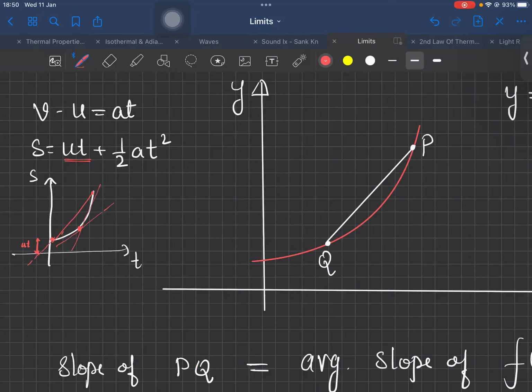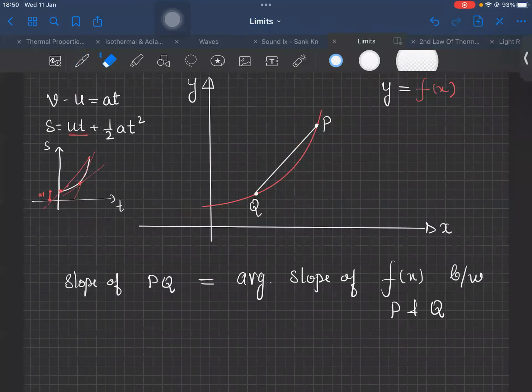You have studied that equation in physics, right? So when you are finding the slope of line PQ, you are finding the average between point P and Q of the function f of x. In mathematics, we write it like that. If it is a displacement time graph, the slope of PQ will give you the average velocity between point P and Q. Understood?